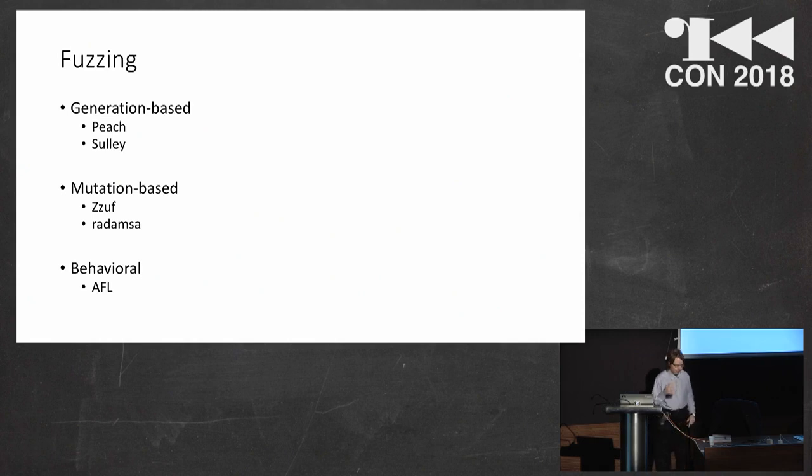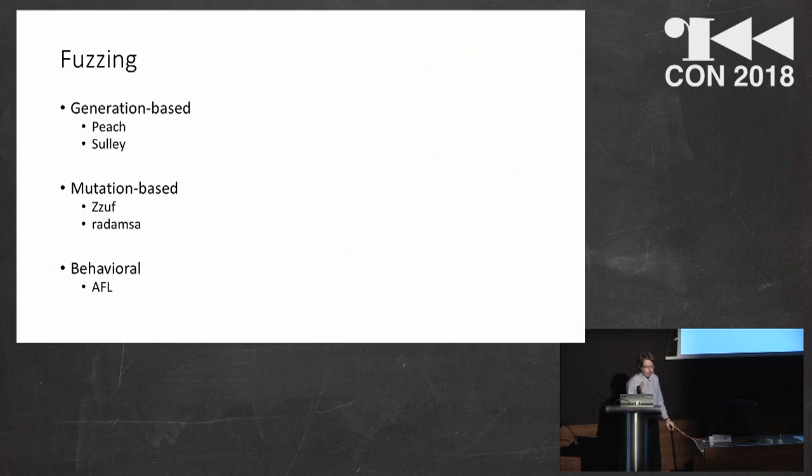Currently, there are three possible approaches for fuzzing. It's generation-based, when we have some grammar, and based on the grammar, we generate samples. It's mutation-based, when we have some sample, and using mutation, we mutate it somehow randomly.